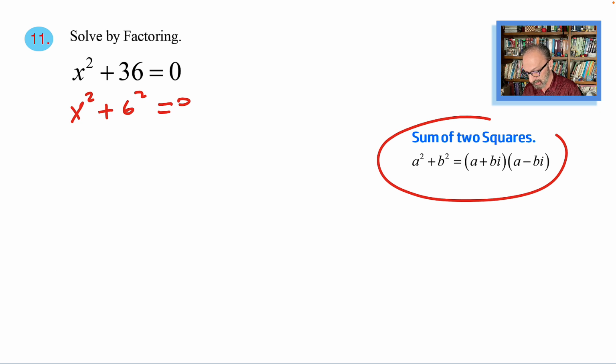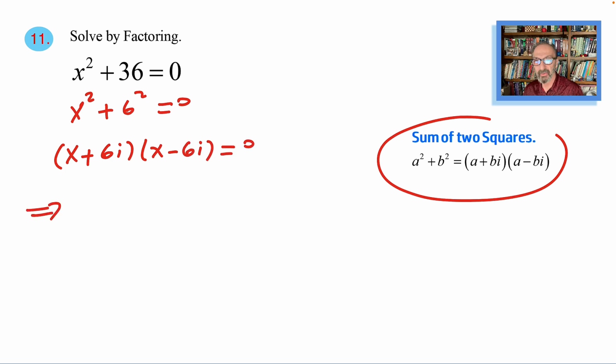In our case, it will be x plus 6i multiplied by x minus 6i. Again, with the principle of zero product, we will have x plus 6i equals 0, or x minus 6i equals 0. On the left side, subtract 6i from both sides.